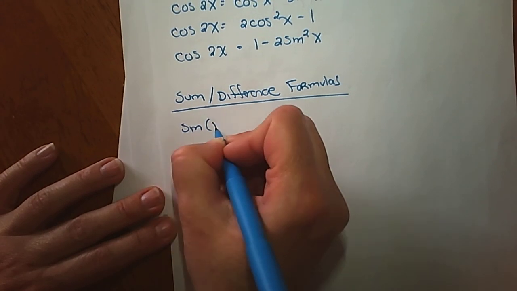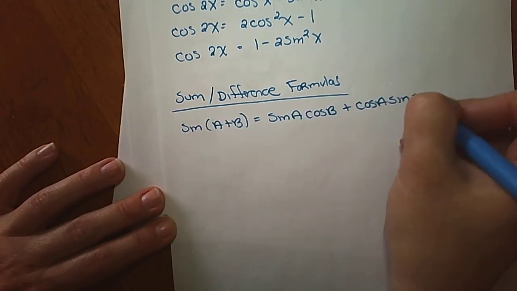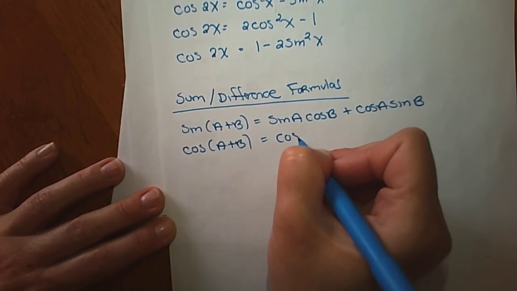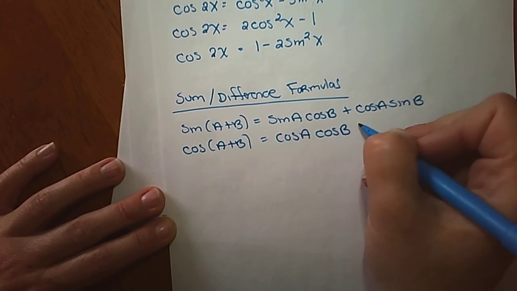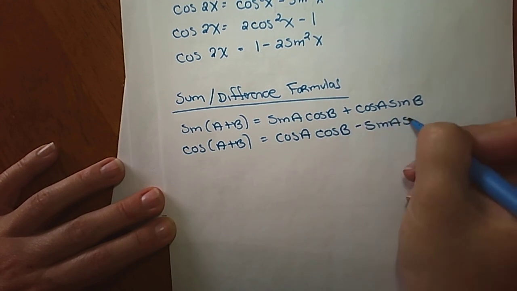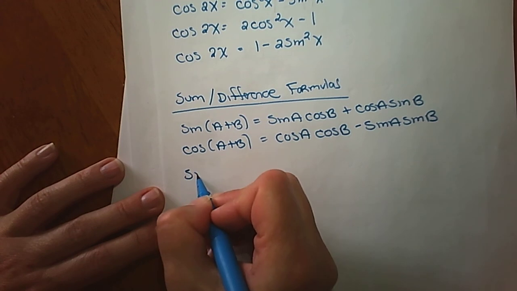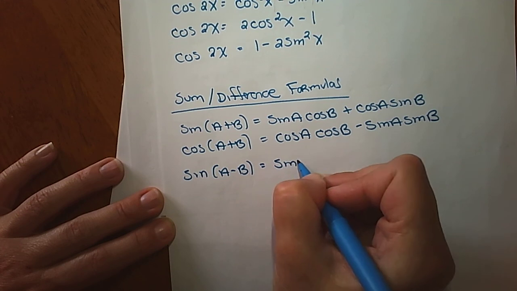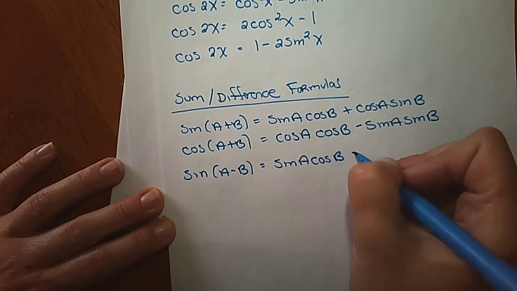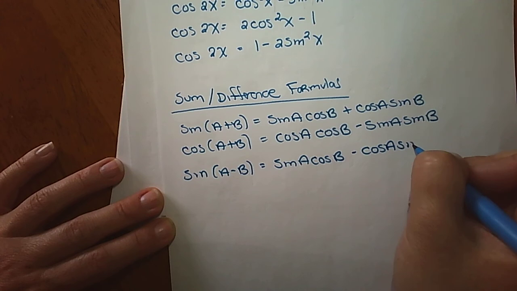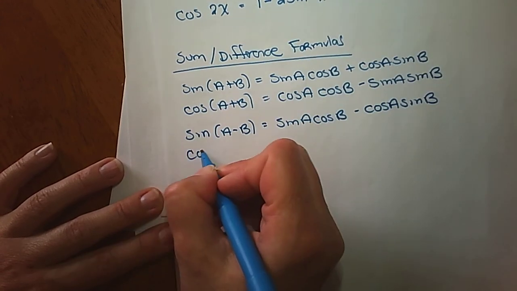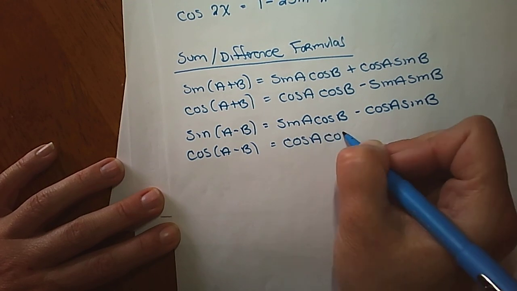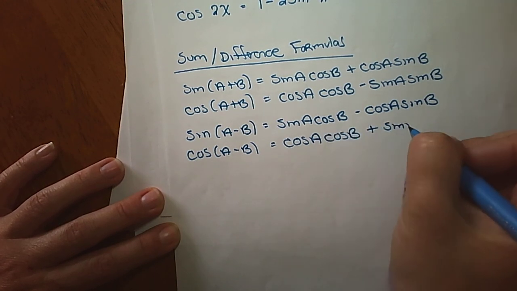There's sine A plus B, sine B. There's cos A plus B, which is cos A, cos B minus sine A, sine B. Then there's sine A minus B, right, which is sine A, cos B minus cos A, sine B. And cos A minus B, which is cos A, cos B, plus sine A, sine B.